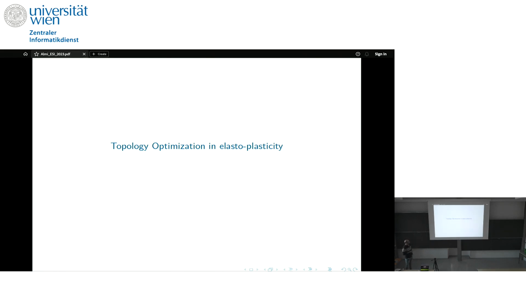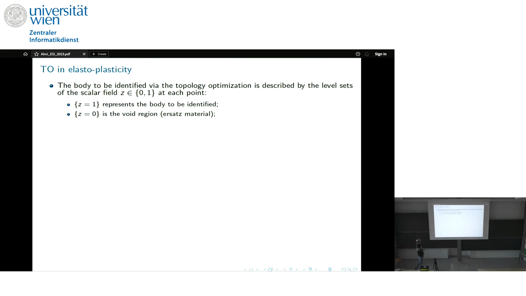I think that elastoplasticity was not recalled during this meeting, so I will start a little bit with the modeling. We care about the distribution of some material, so as a starting point we talk about characteristic functions.